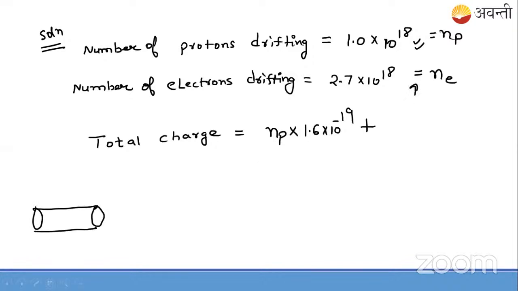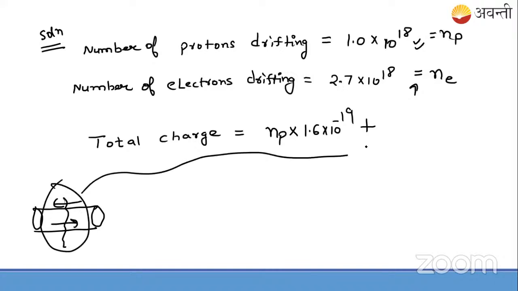If you keep your attention on the structure of this wire, this is the cross section area. In this, protons are also passing, electrons are also passing. So we'll take both combined charges here. So plus the number of electrons crossing into 1.6 into 10 minus 19 coulomb. If you sum these, you'll get the net charge as what?